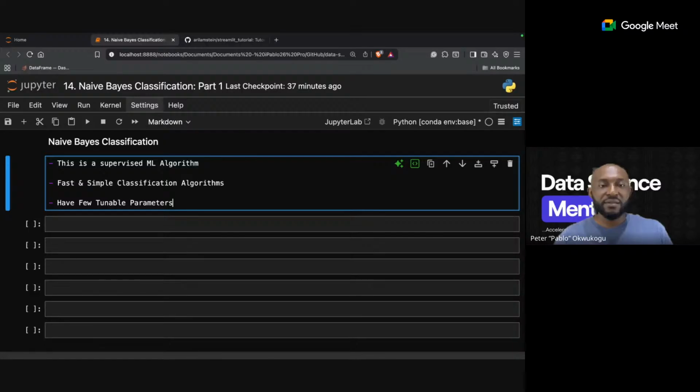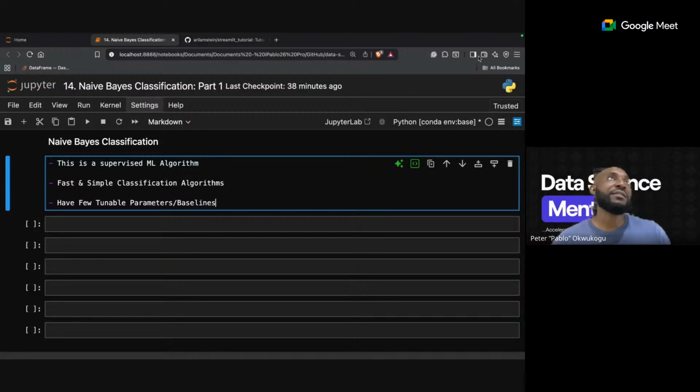They're fast, simple, and have few tunable parameters, which also makes them good for building baselines.